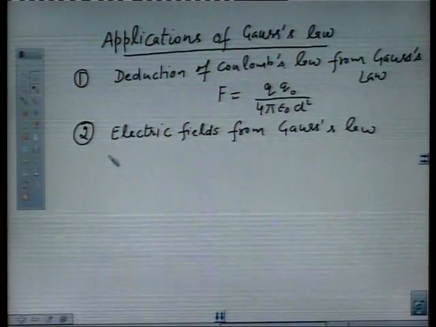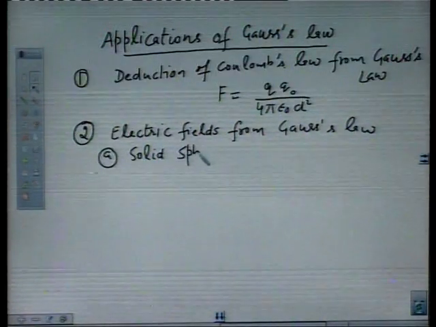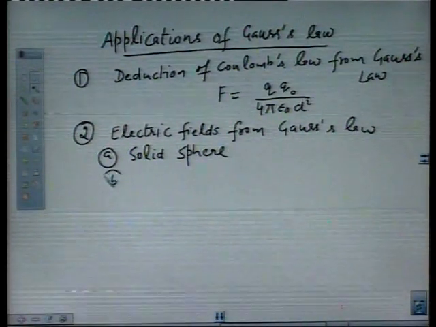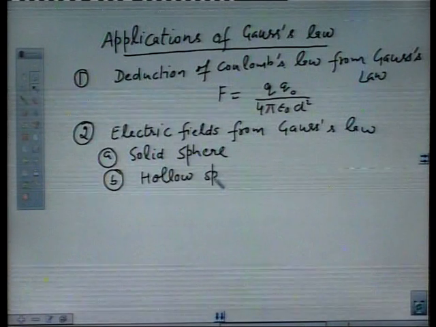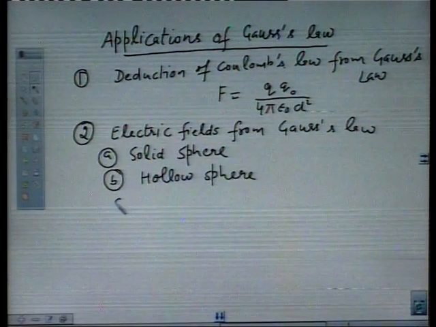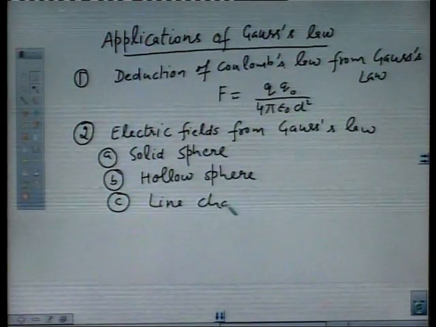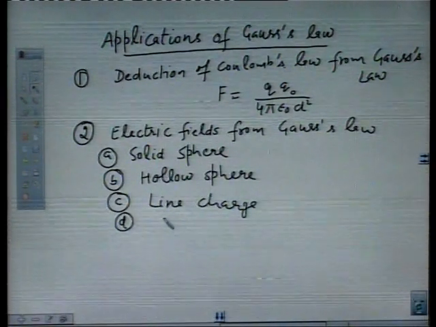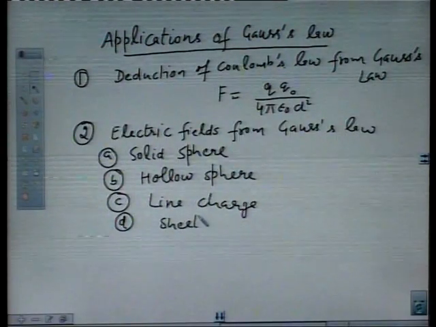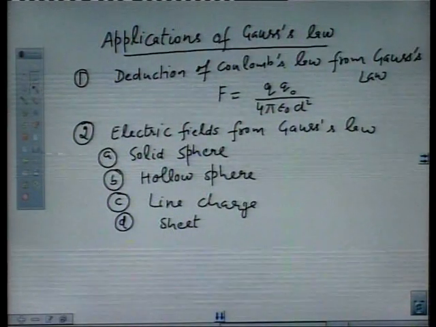We can find the electric field of number one, solid sphere, number two, hollow sphere, third, line charge, and fourth, sheet of charge. So these are various applications of Gauss's law. We will explain these applications one by one.